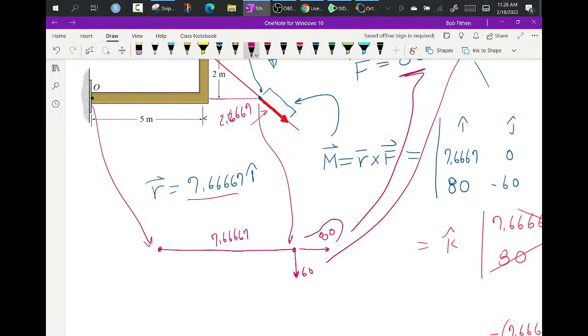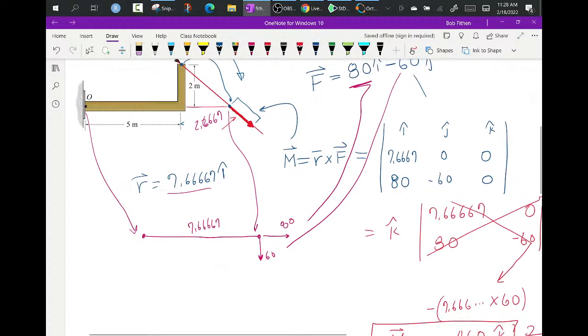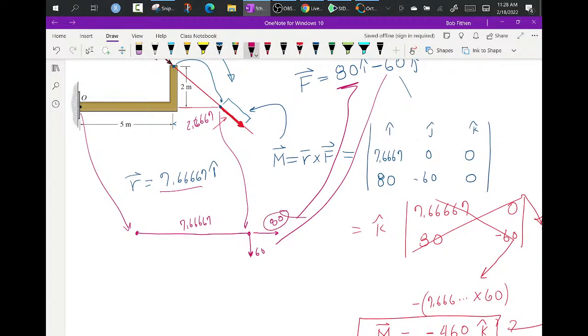This one produces no moment about O here. Well, let's take a look at it. Here's your 80. Here's your moment arm. Produces no moment. Okay, this one is 60.